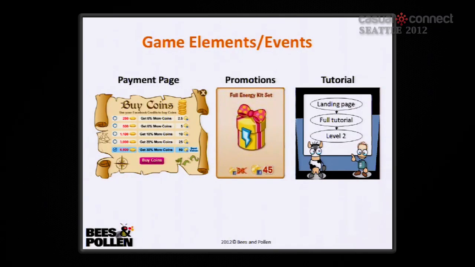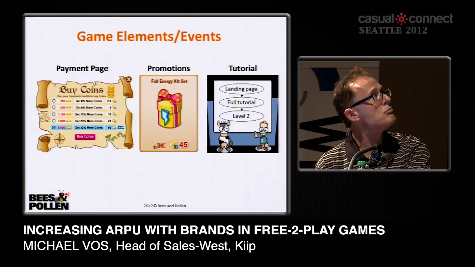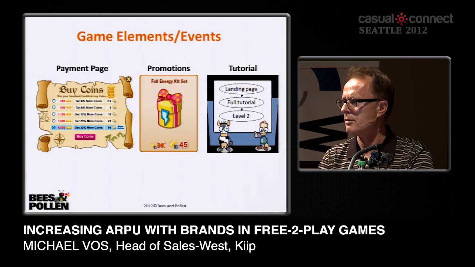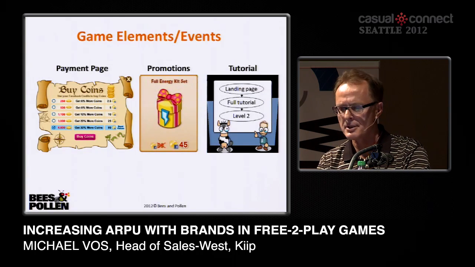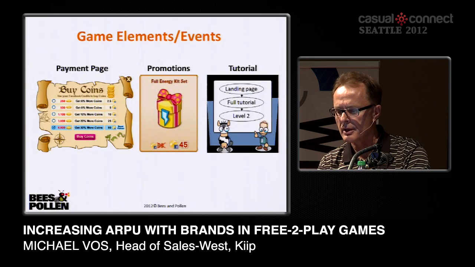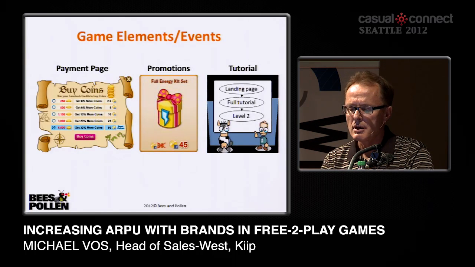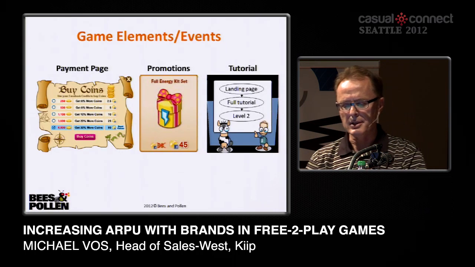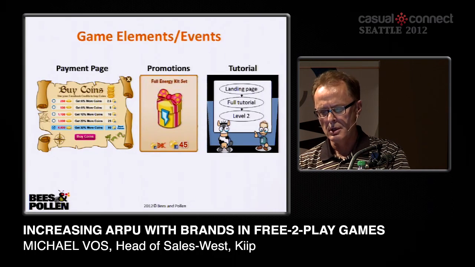So you have a game, and you naturally have many of the standard game elements like payment page, promotions, tutorial, to name a few elements. And by the way, we'll use the term elements interchangeably with game events and vice versa. So each of these elements may have multiple options, or otherwise known as variants in some circles.